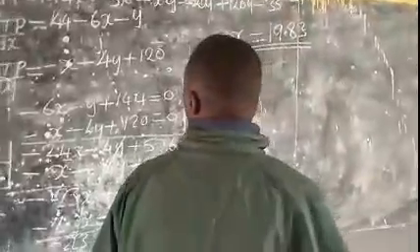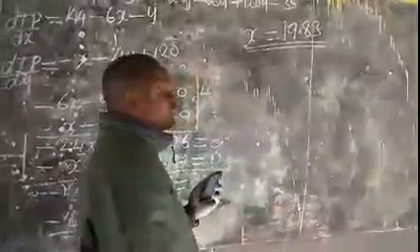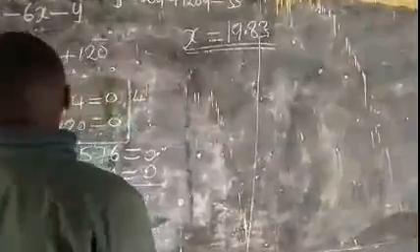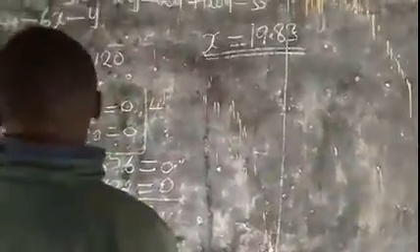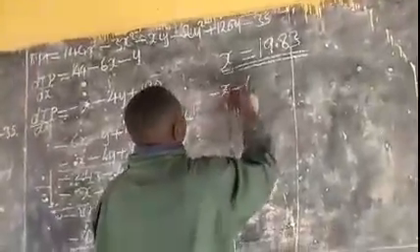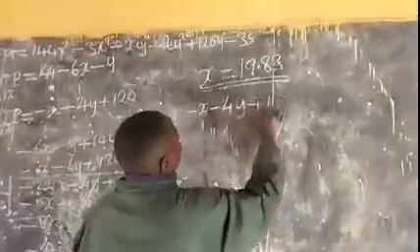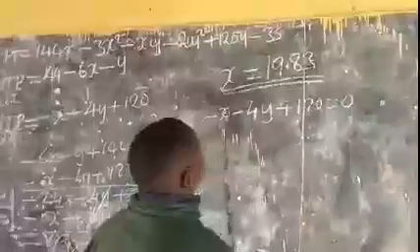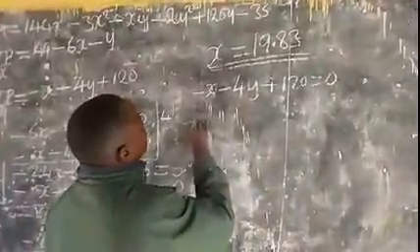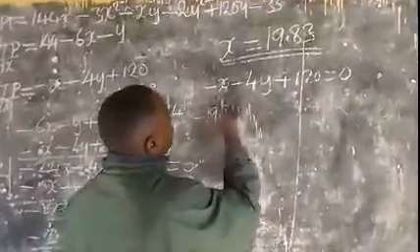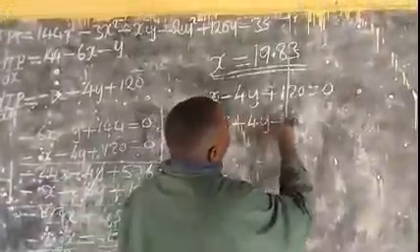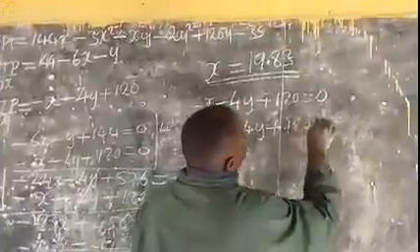So what do we do next? We just take one of the equations, then where there is x, we substitute by 19.83. So I'll take this one, it doesn't have big figures. So I'll say negative x minus 4y plus 120 is equal to 0. So where there is x, I'll put negative 19.83 minus 4y plus 120 is equal to 0.